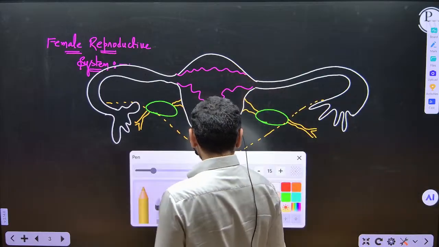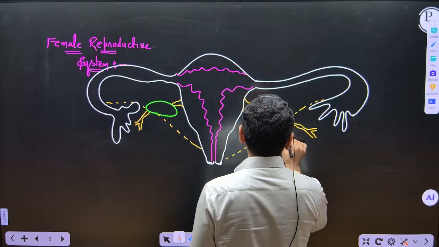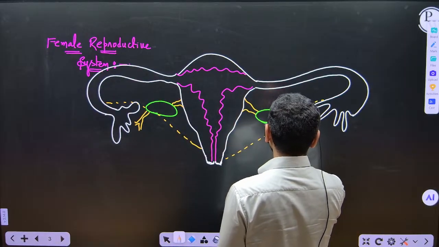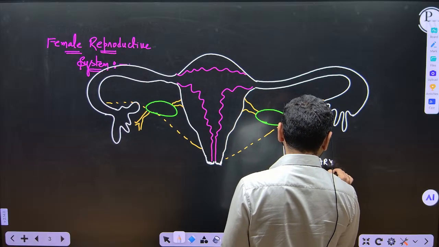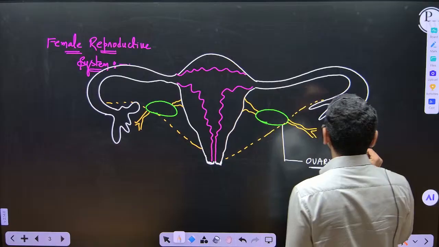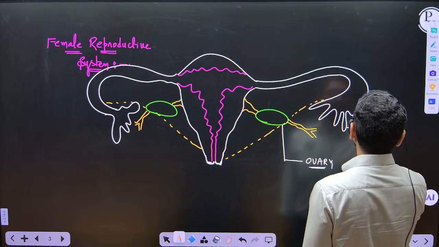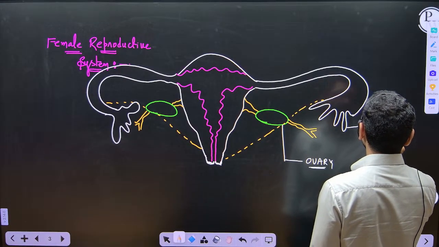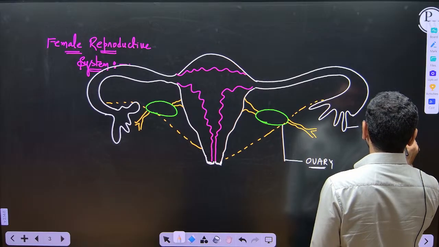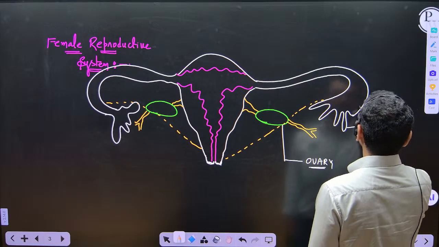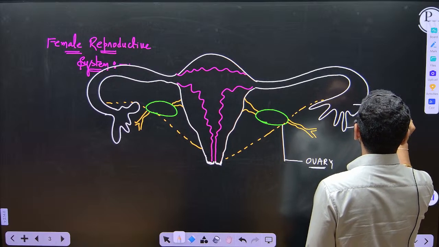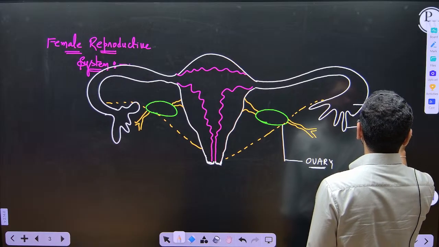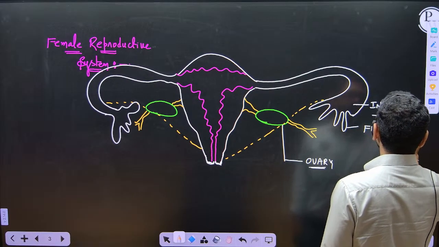Okay. And now, first of all, let me begin with the ovary. Ovary, singular. And then the finger-like structures, fimbriae. And here this is called infundibulum.